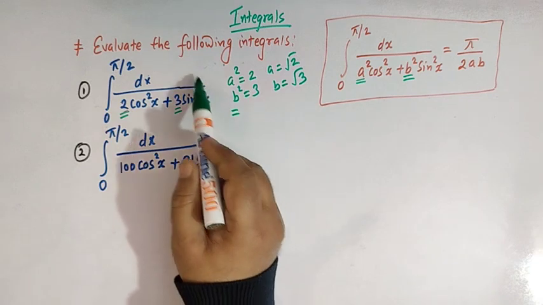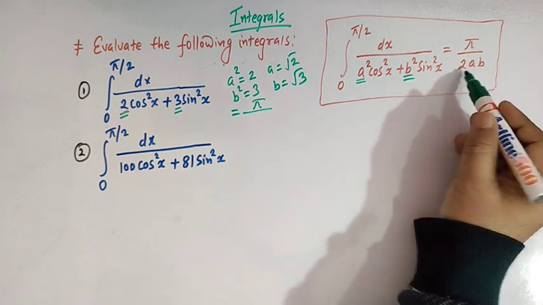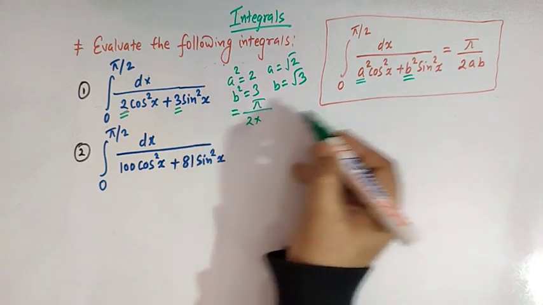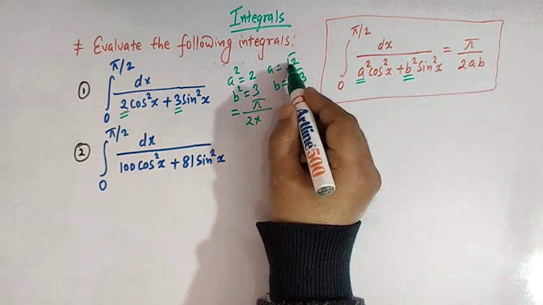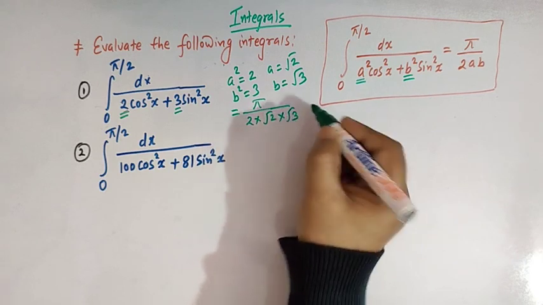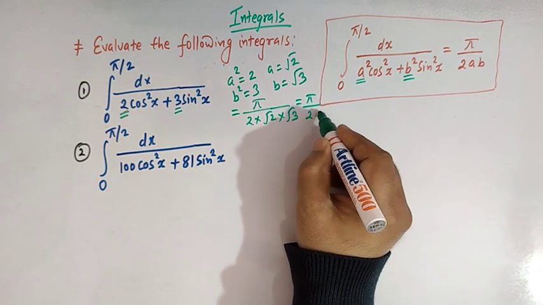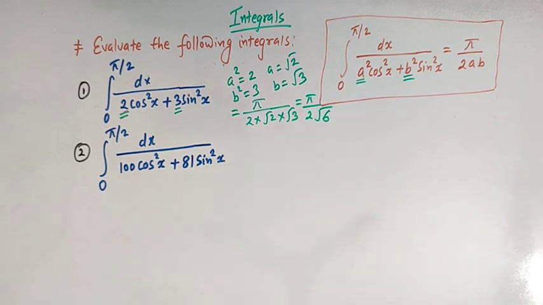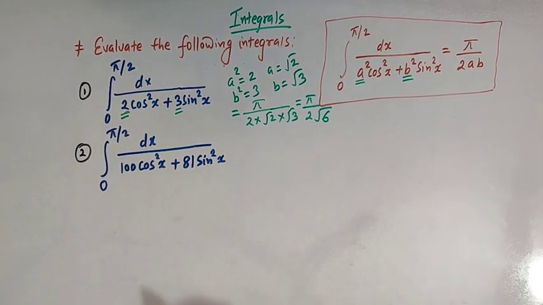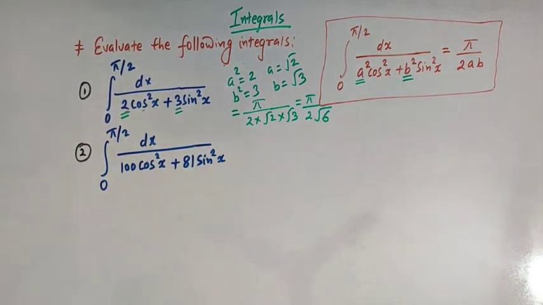So the direct value of this integral can be written as pi divided by 2 times the product of a and b, that is pi divided by 2 times square root of 6. So the value of this integral is pi over 2 root 6.